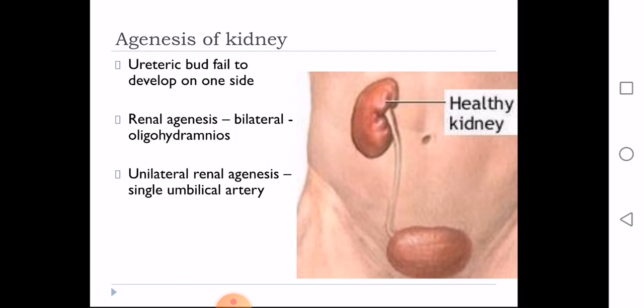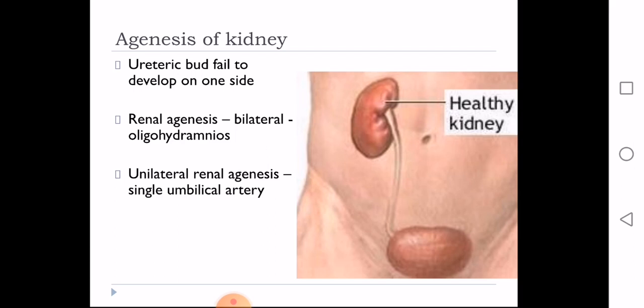So what are the developmental contributions from? It is from the ureteric bud. So the ureteric bud has to go to the metanephros. Then only the whole process will start. So if the ureteric bud fails to develop on one side, the kidney will not develop on that side.